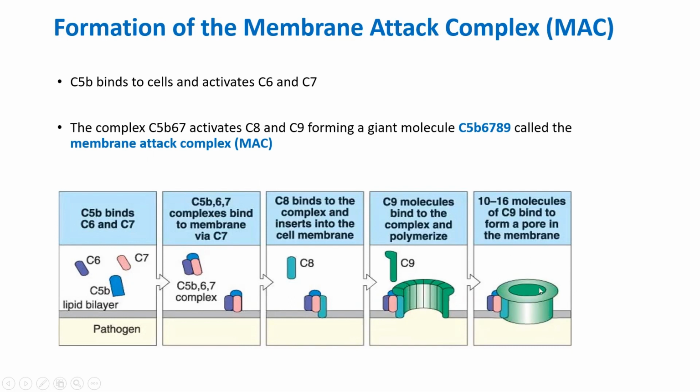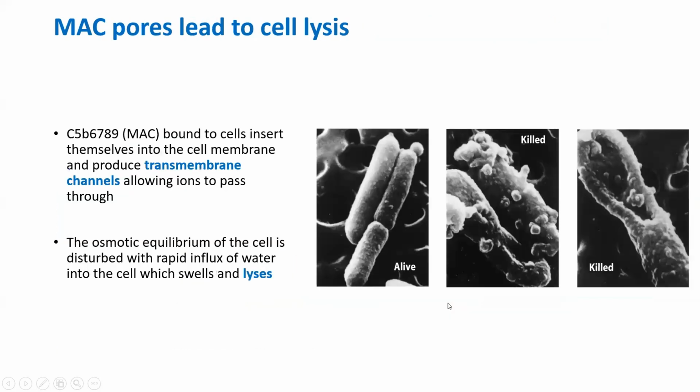And then we have this complex. As you can see, this complex is like a hole that has been formed, a hole made through the cell surface. This C5b6789, remember we called it a membrane attack complex, is basically some sort of channels or holes, transmembrane channels formed on the cell surface, which allow ions to pass through.